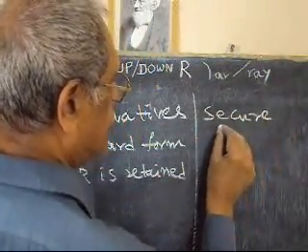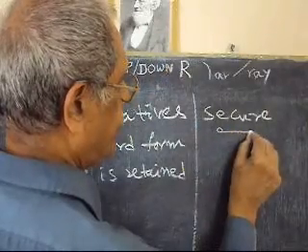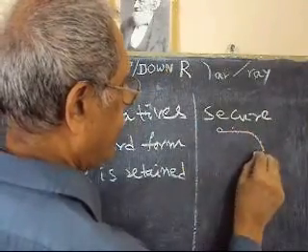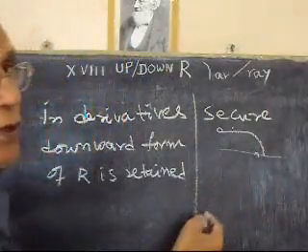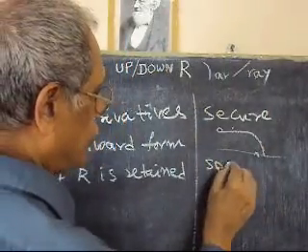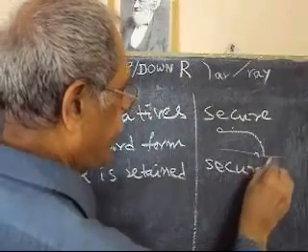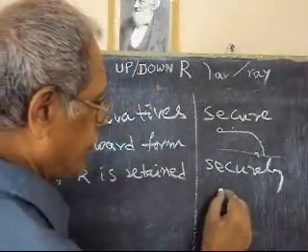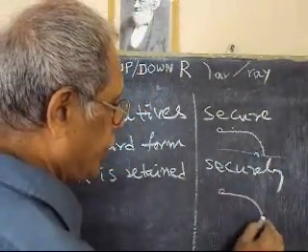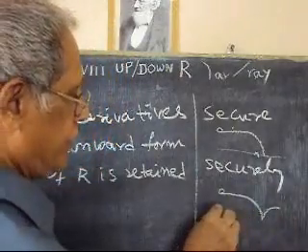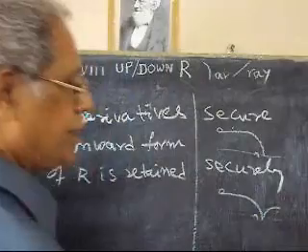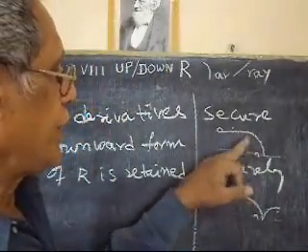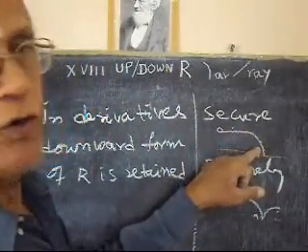Secure. Suppose securely. So in the root word secure, the downward form is used.